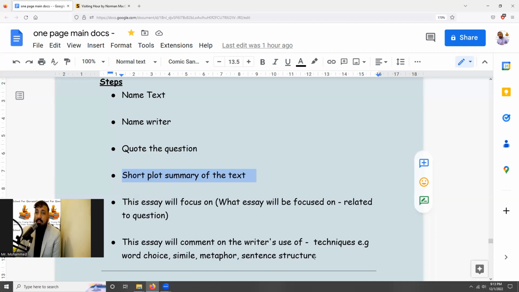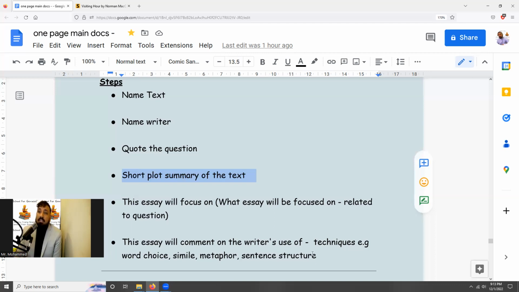You can also mention here maybe one or two of the main characters, but again, it's not detailed. It's just a few sentences, at most 3 or 4 sentences, basically saying what the story, text, poem, or play is about and what basically happens in it.